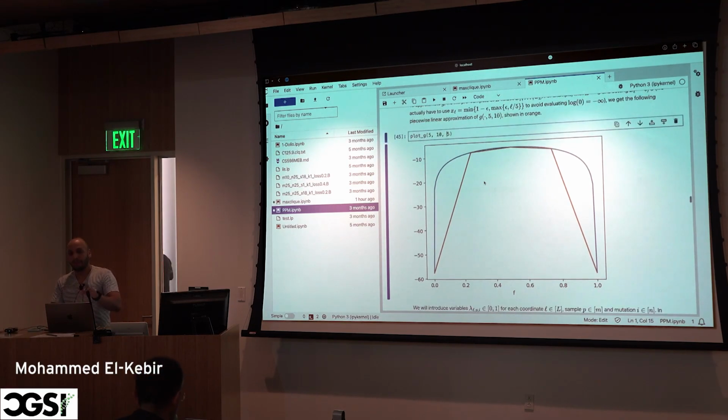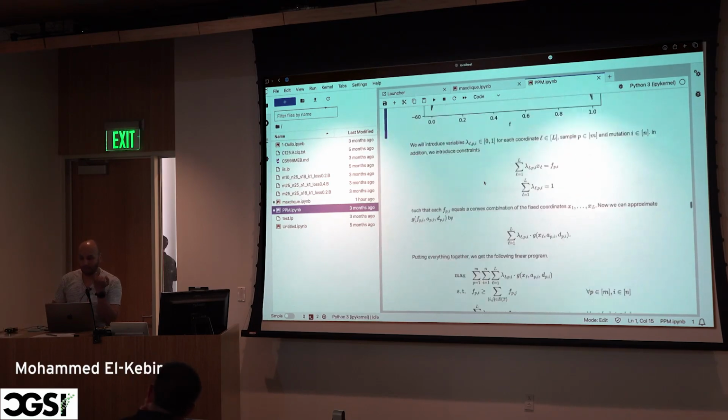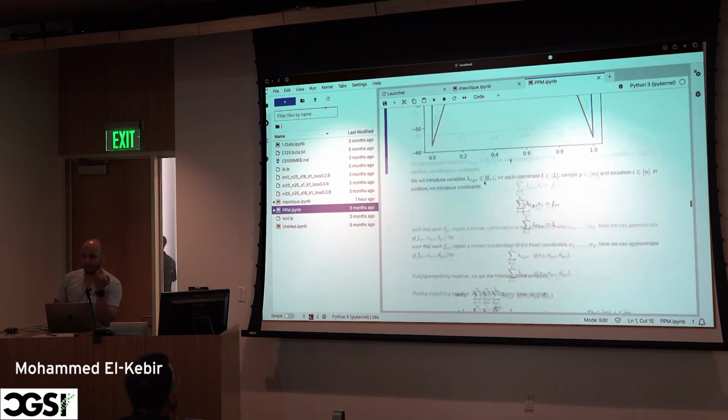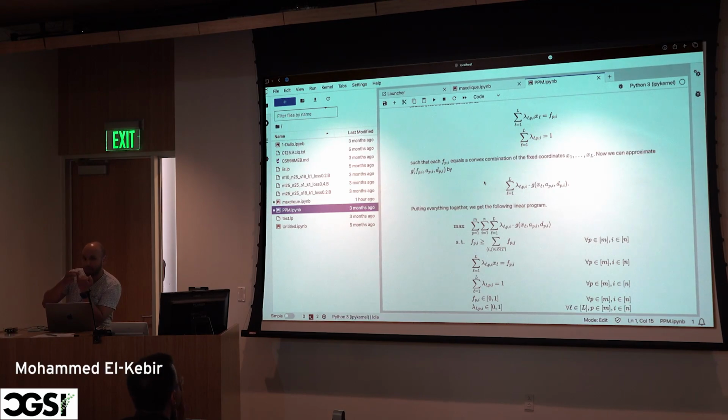You can take this piecewise linear approximation and plug it into your ILP. This will allow you to simultaneously solve for the frequencies, which is this fractional variable, and also the tree. So you can actually linearize this whole model. You can look at this in this notebook. I just want to give you a general idea of what you can do with ILP. You can also solve more complicated nonlinear problems.